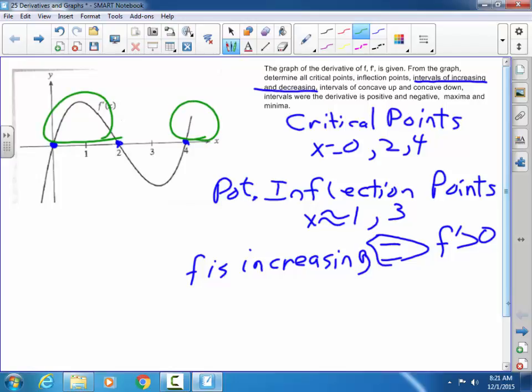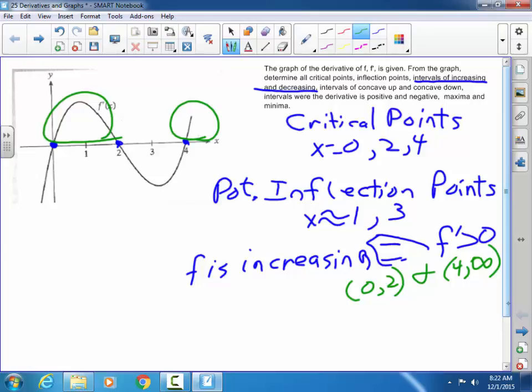So f is increasing, which is the same thing as f prime is greater than 0. That's from 0 to 2, and 4 to infinity we'll put, because we're going to make the assumption that it continues in that same path there. We don't have anything to say otherwise. So 0 to 2 and 4 to infinity.